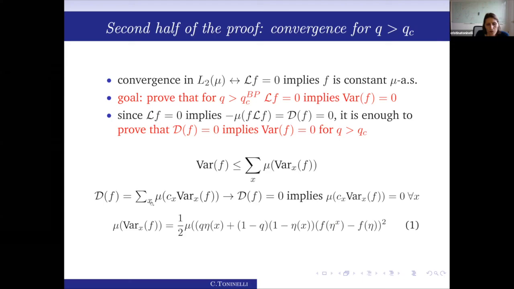It's a sum over all sites of the mean of the local variances. The only difference is that here I have c_x, a function which is equal to 1 or 0, so I cannot upper bound the right-hand side with this Dirichlet form and say that since it is 0, this implies that the variance is 0. It's here that you will have to use what I said before.